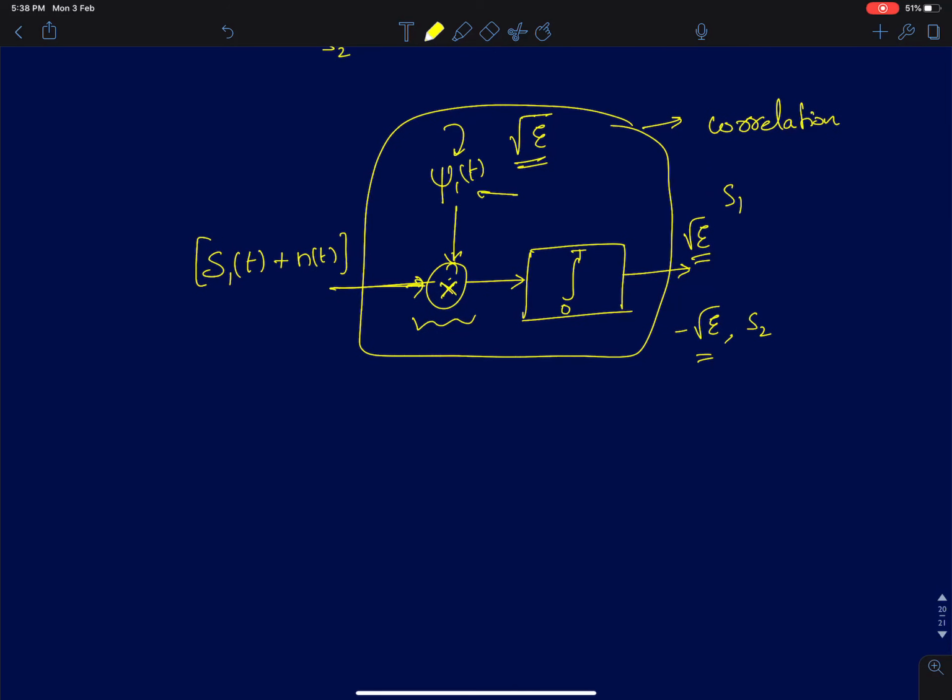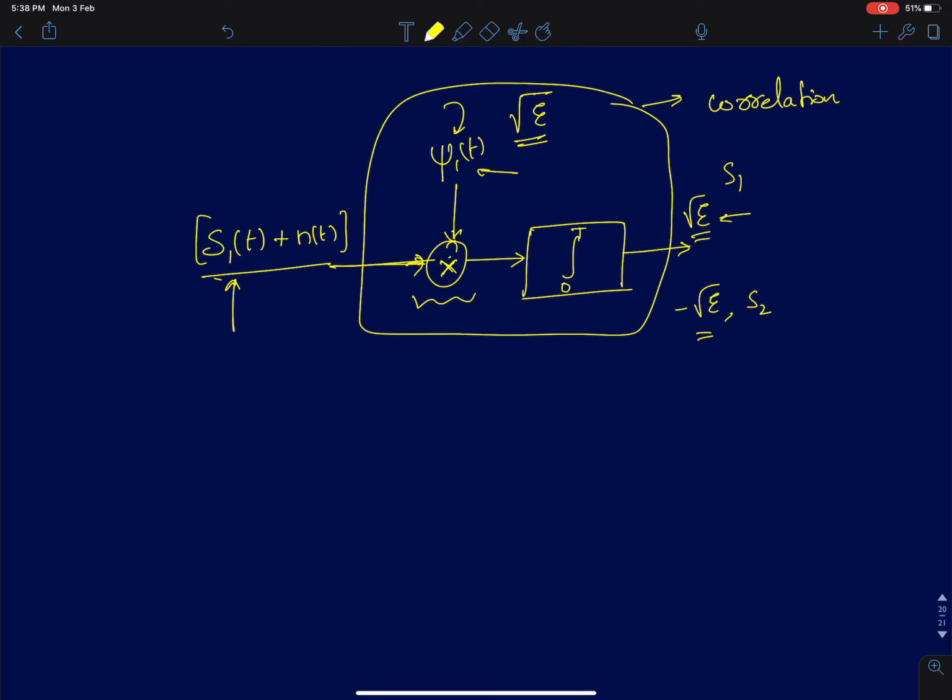Now I'm going to receive S1 plus n of t. What I'm trying to say is that this plus root E will be the output if only S1 was transmitted, but there is also noise transmitted along with the signal. So what you are going to receive is root E, assuming S1 is transmitted.